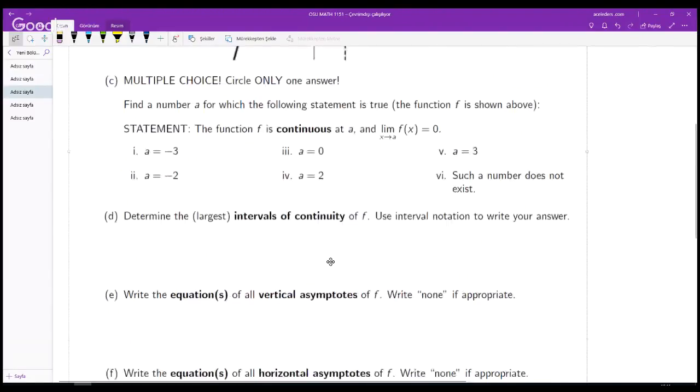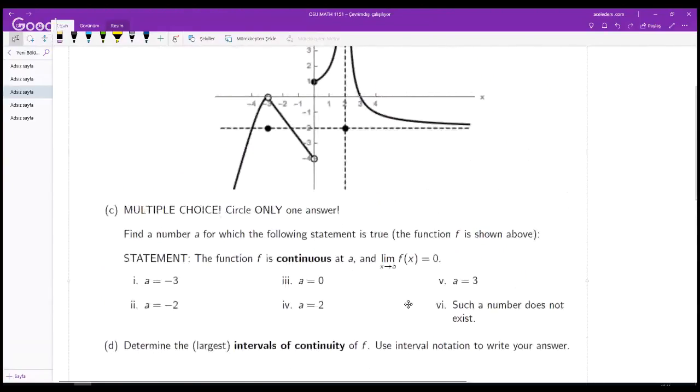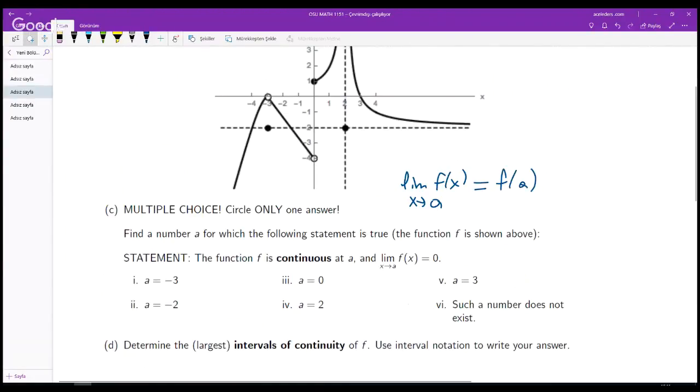So what am I going to do? Let me think about the definition of continuity. If a function is continuous at a, I have limit f(x) as x approaches a equals f(a), the function value at a. So therefore, these two must be equal if the function is continuous at a.